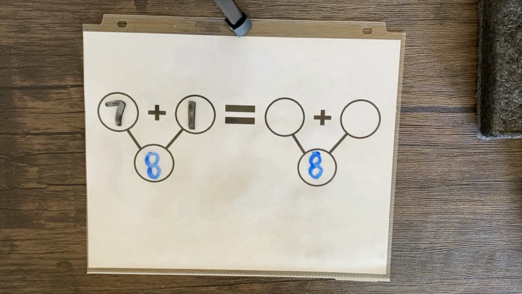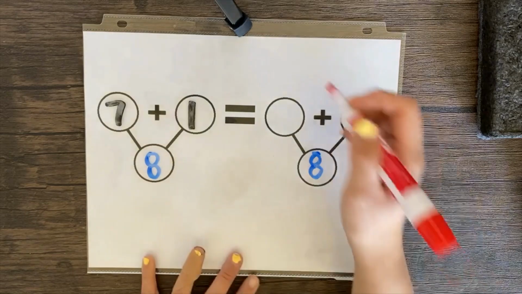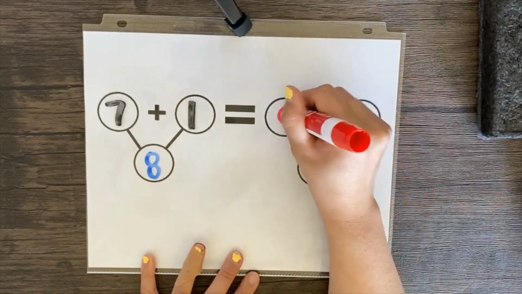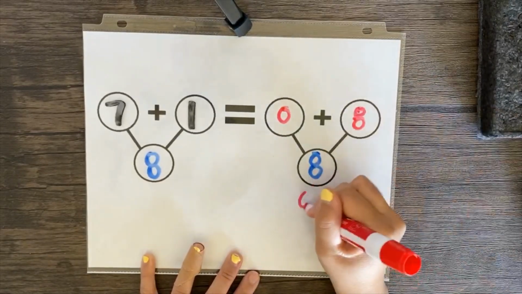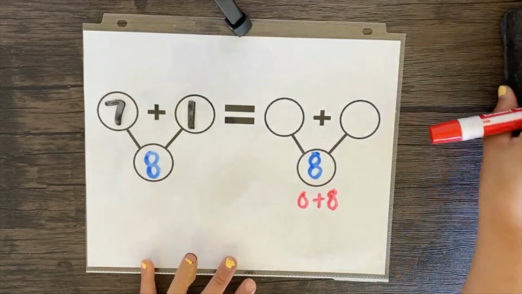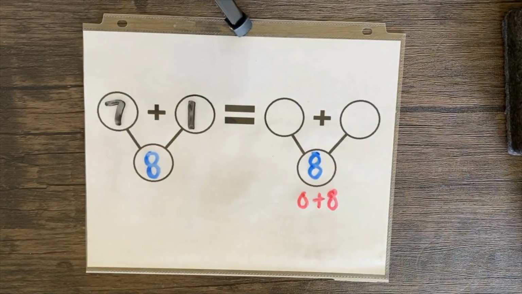What is one way that you know to make 8? What is one combination that makes 8? Go ahead and tell a friend or a family. Great. 0 plus 8. Great job. What's another combination?